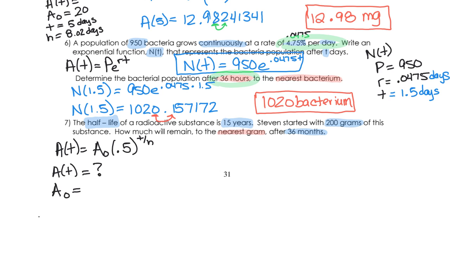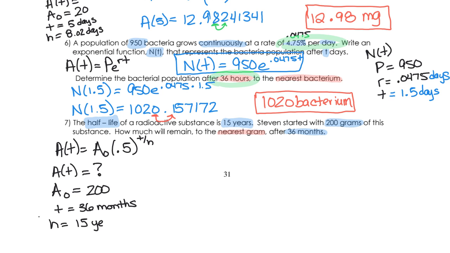A sub 0, guys, is our initial amount, which they said they started with 200 grams. We need to know our t, which is our time frame, which is 36 months. And our h, which is our half-life, is 15 years.